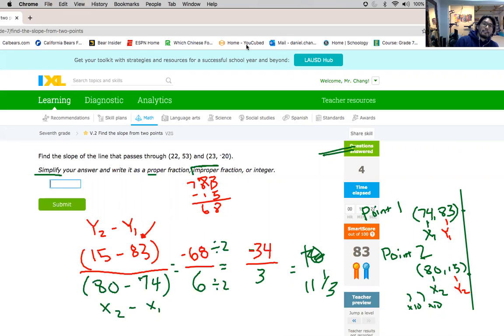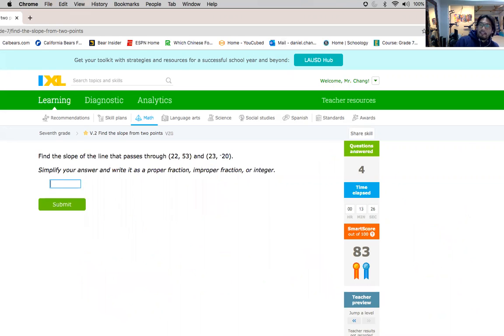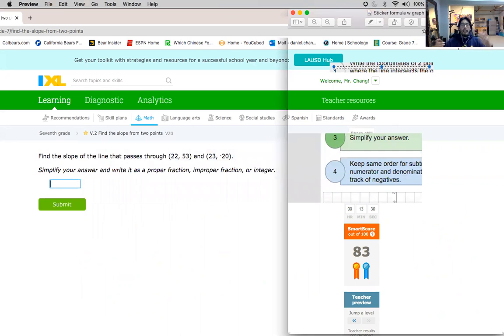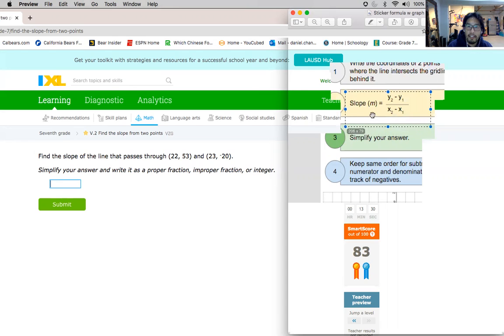All right, guys. This video has been going on for 20 minutes. Hopefully, you understand how to calculate slope. When you've got 2 points, you want to connect a line that goes through those 2 points, and you're finding the slope of that line that crosses those 2 points. You're going to use this formula right there.